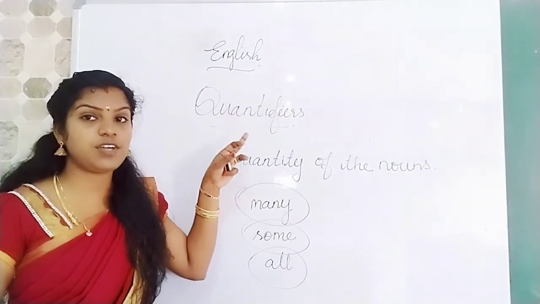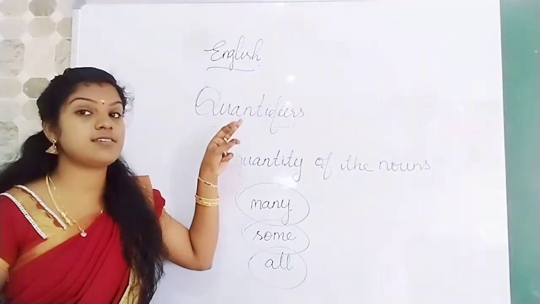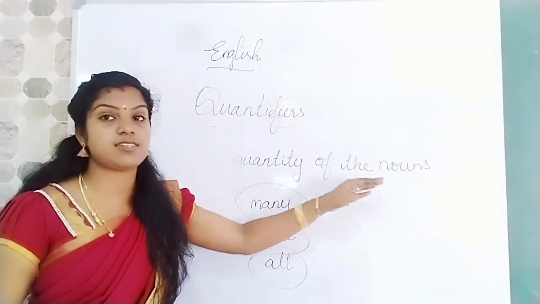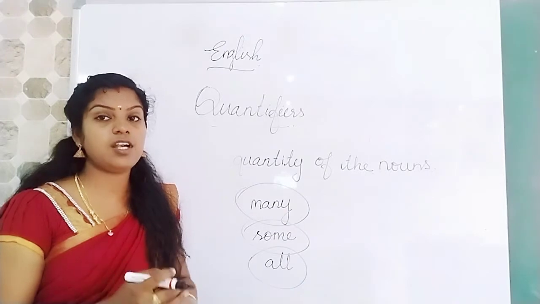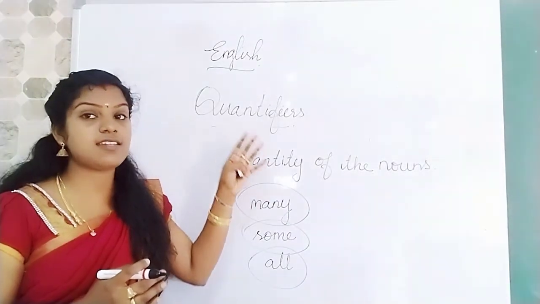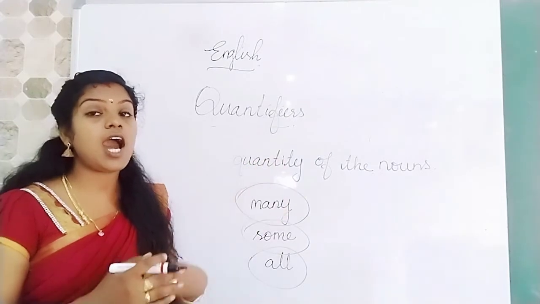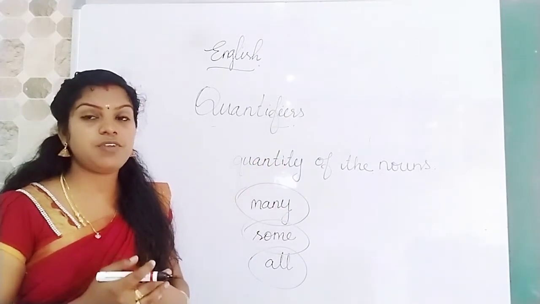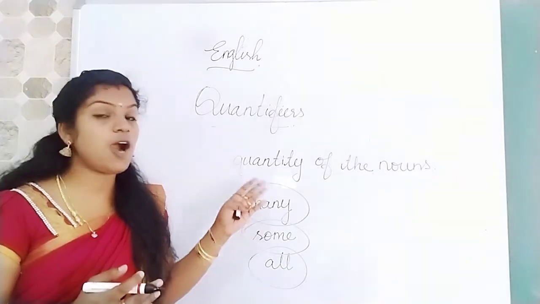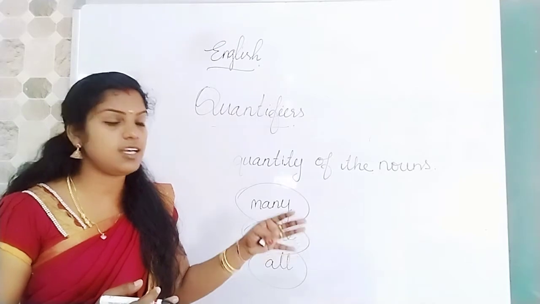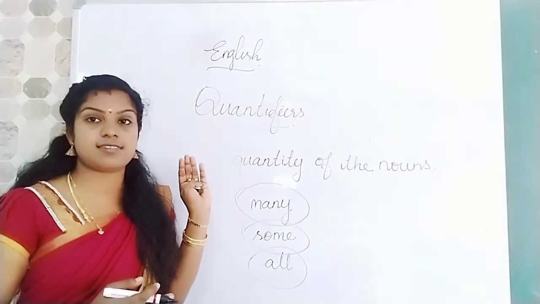What are quantifiers? Quantifiers tell us about the quantity of the nouns: how many or how much. These quantifiers answer the questions how much and how many. If we ask the question how much or how many, the answer is a quantifier.